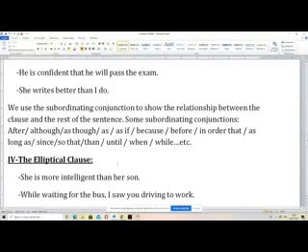So normally the sentence is she is more intelligent than her son is. Here the predicate, or the verb, is missing, but it doesn't influence the meaning of the sentence. So since is is missing, we have an adverb clause modifying intelligent.